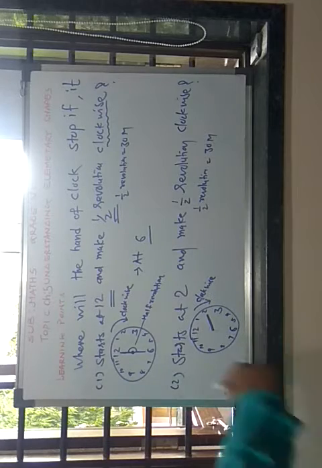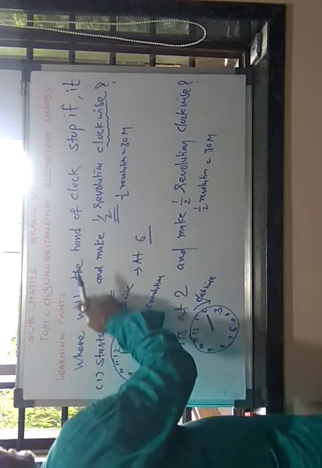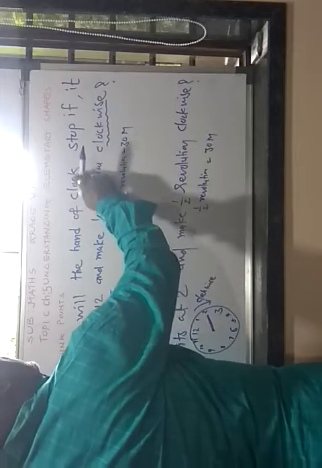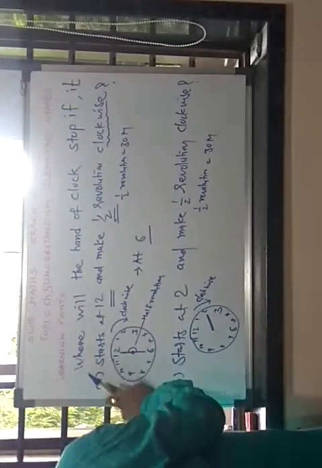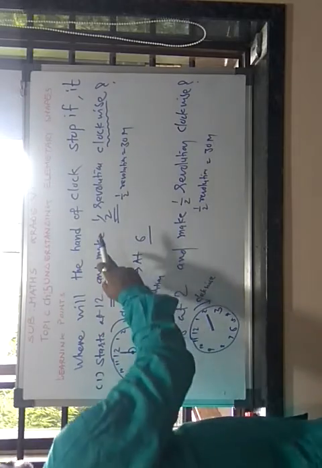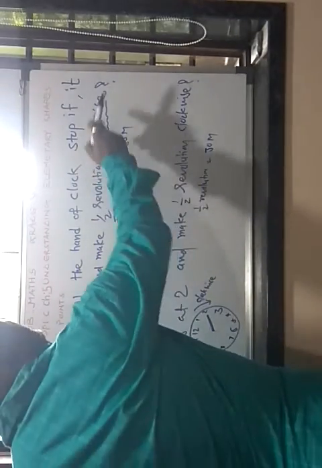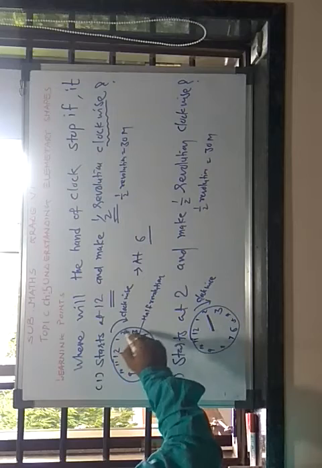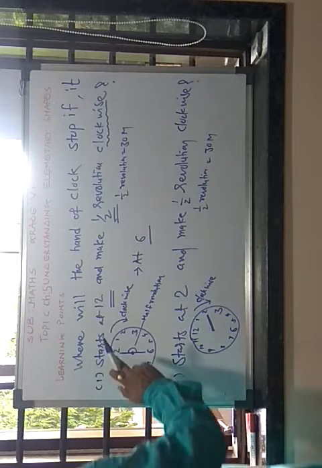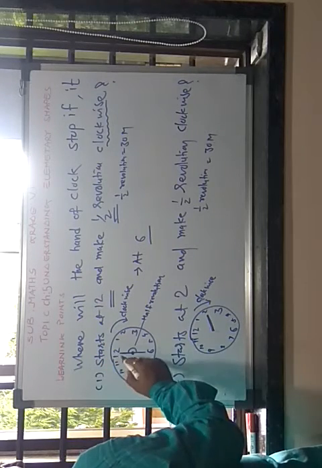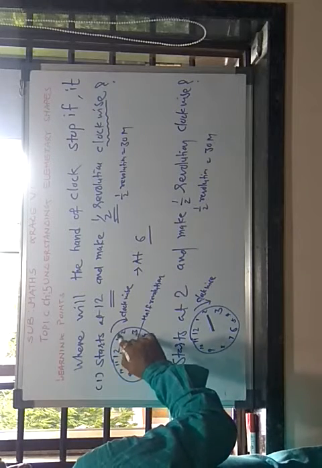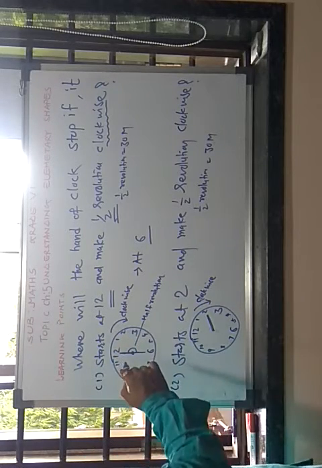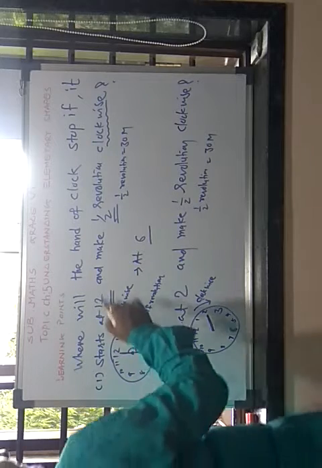Okay, another question: where will the hand of the clock stop if it starts at 12 and makes half a revolution clockwise? First we have to find out when it starts at 12. First you draw this clock, 12, 1, 2, 3, draw the complete clock and then start from 12.